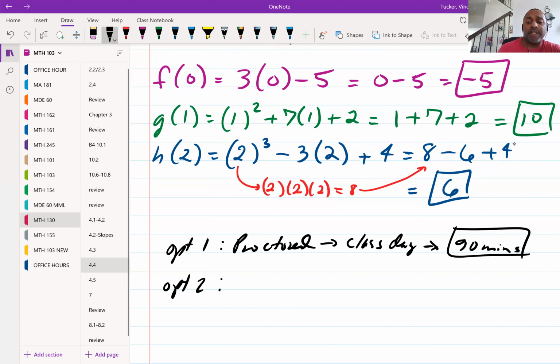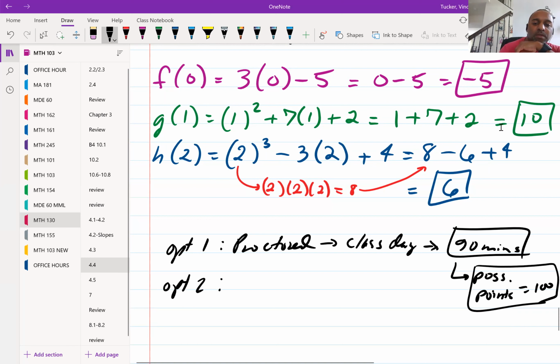Just like if we were taking it in class, we'll be in the classroom and take it for that hour and a half. Possible points, 100%.